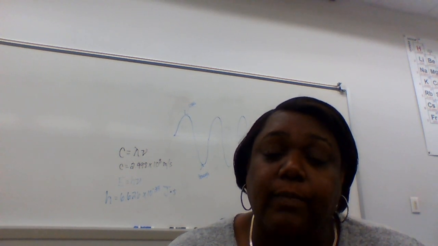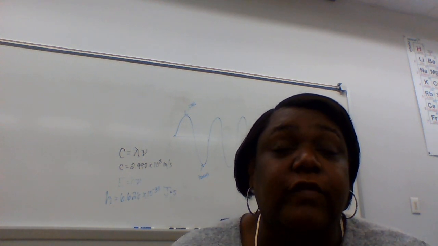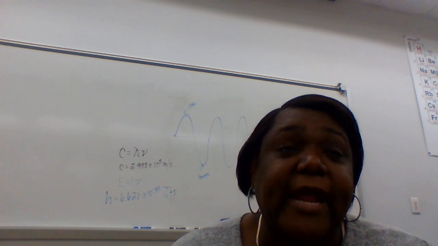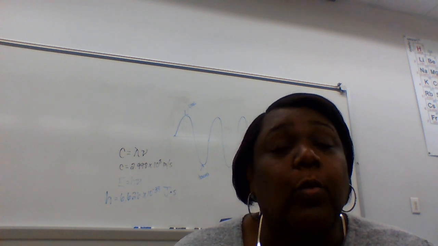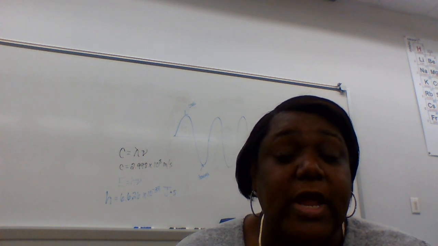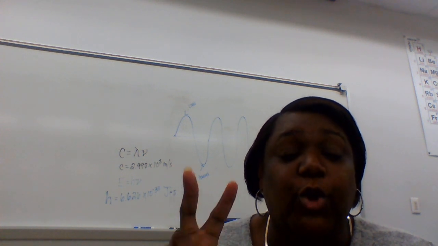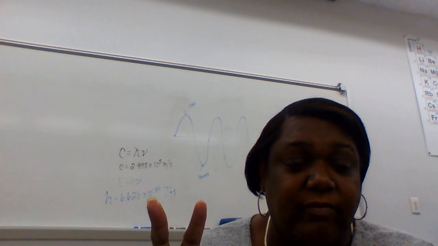Now, the next thing that we need to talk about as it relates to electrons is the Heisenberg uncertainty principle. And your book goes into a whole lot of technical detail about this. The one thing that I do need you to know about Heisenberg's uncertainty principle is that it says that you cannot know two pieces of information about the electron accurately at the same time.